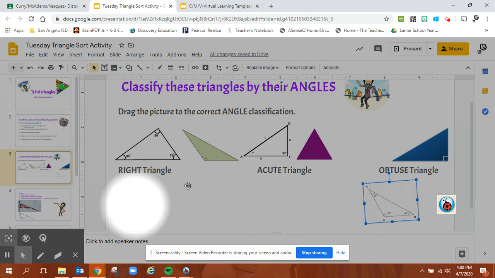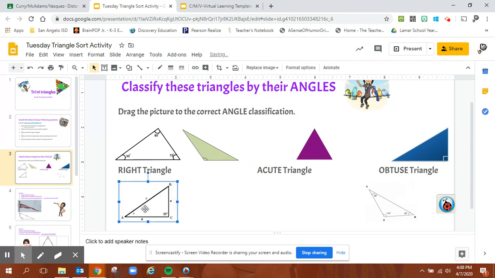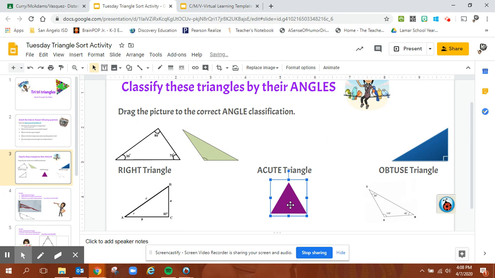So that means this one would have to be a right angle, a right triangle. And then it looks like this one is a perfect example of an acute angle because all the angles are less than 90 degrees.